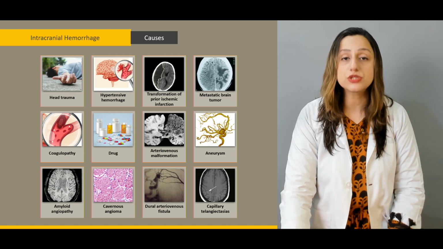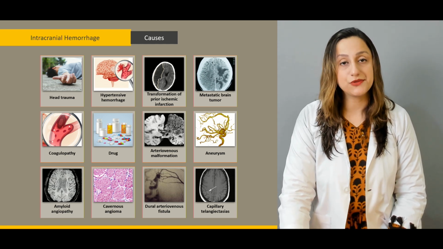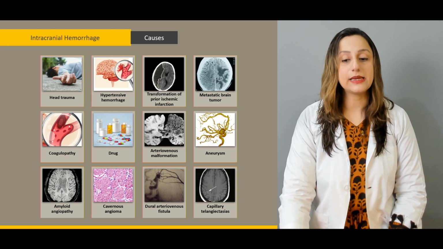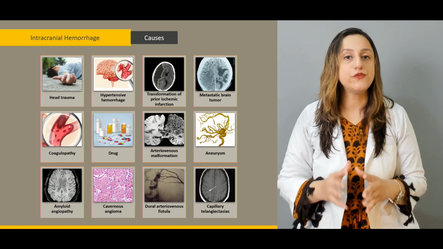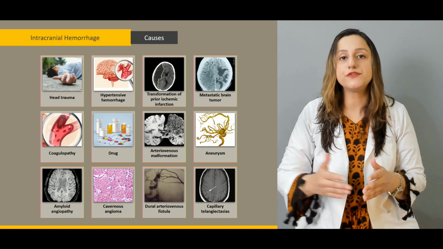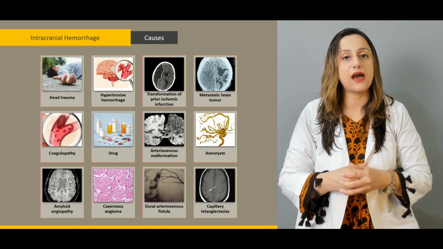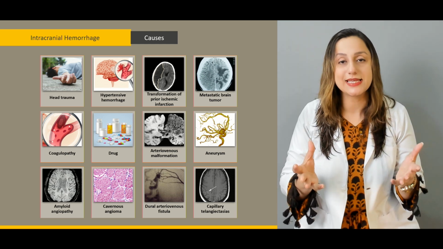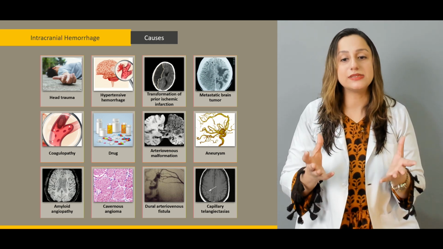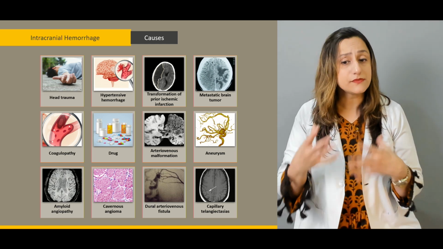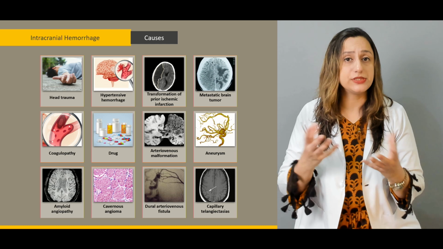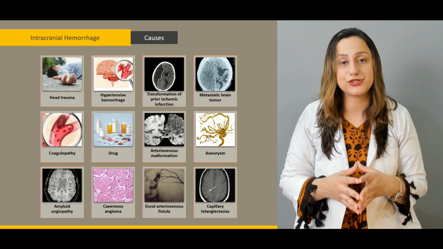One of the most important risk factors can be the capillary telangiectasias. Now, you can see through this overview that there are a lot of genetic conditions, and a range of acquired conditions, making up the list of risk factors that make the person prone to the development of intracranial hemorrhages.